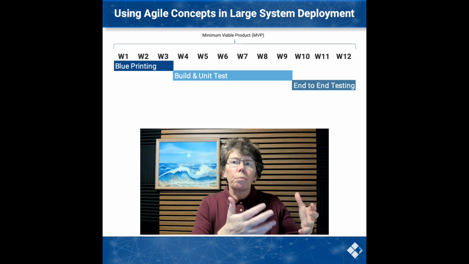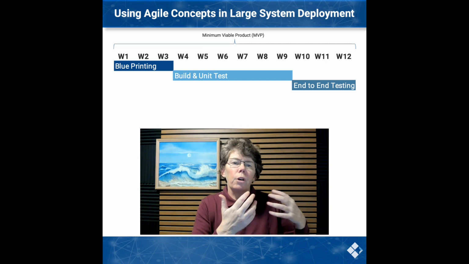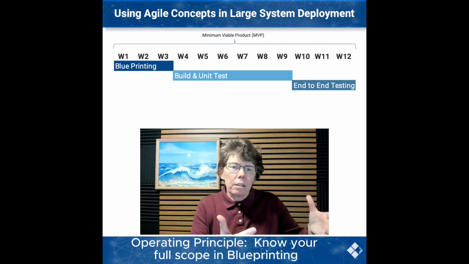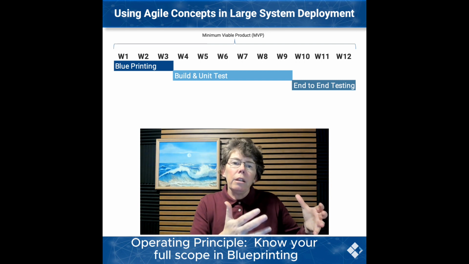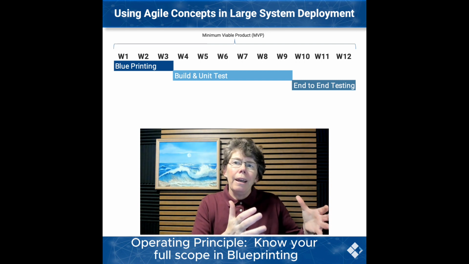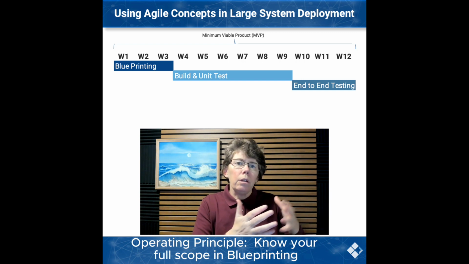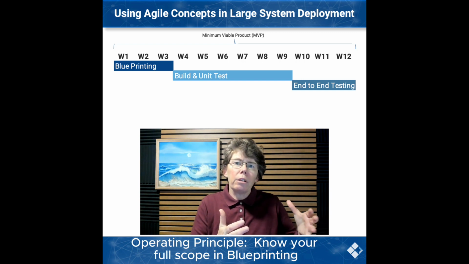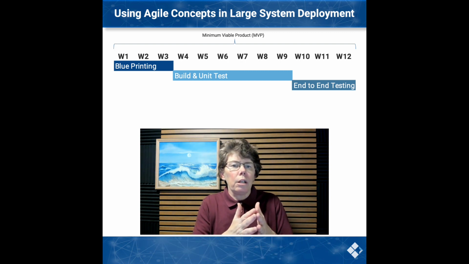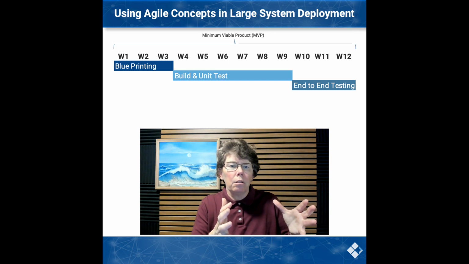You can call it blueprinting, you can call it functional design, business process design, etc. It is where you're defining what your end state vision is going to be, and that process needs to be all encompassing. You don't necessarily need to get down to the nitty-gritty details of each technical requirement, but you certainly need to understand the full business process.